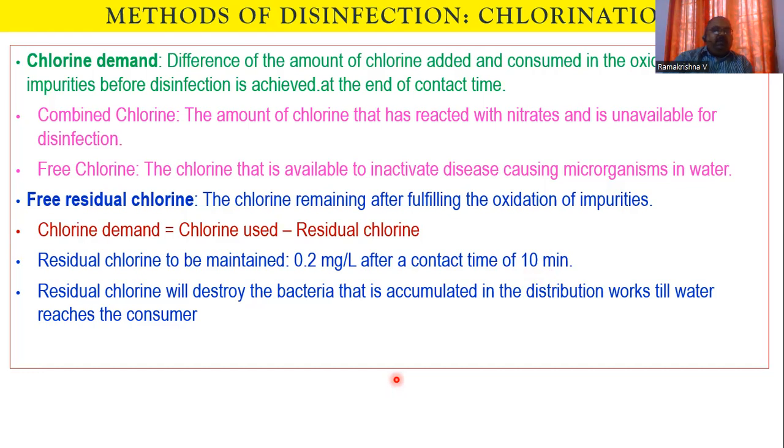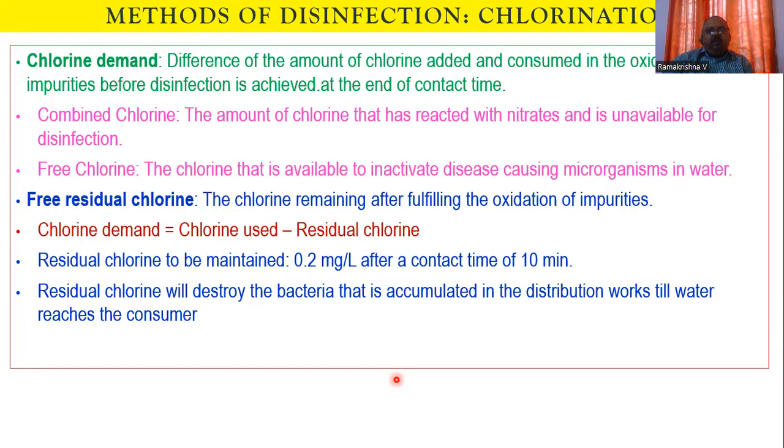So why is it used and why is it important? After the treatment is over, the treated water is sent through a distribution system to the cities and towns for public use. There is a possibility that during travel in the pipes, some new microorganisms get added to the treated water.